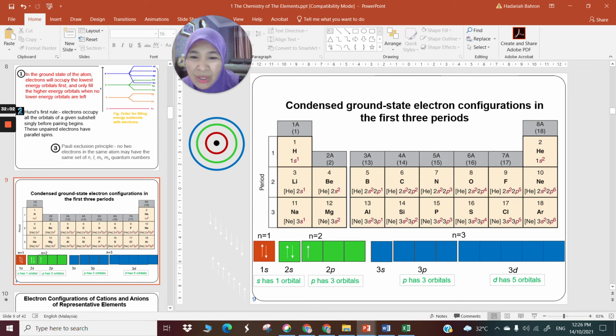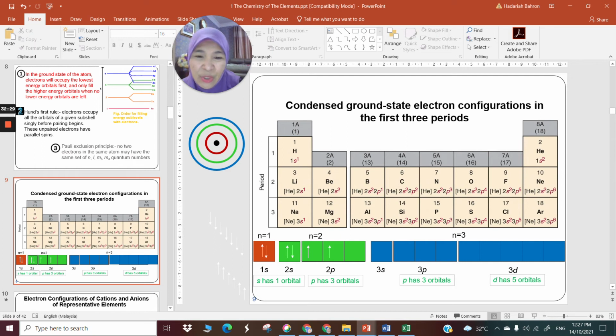So that is boron. Then the next electron, electron number 6, is for carbon. It will occupy singly. So boron here is 1s2, 2s2, 2p1, whereas carbon is 1s2, 2s2, 2p2. There you go, 1s2, 2s2, 2p2.